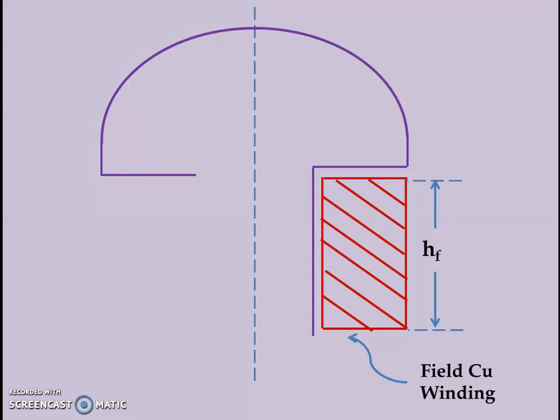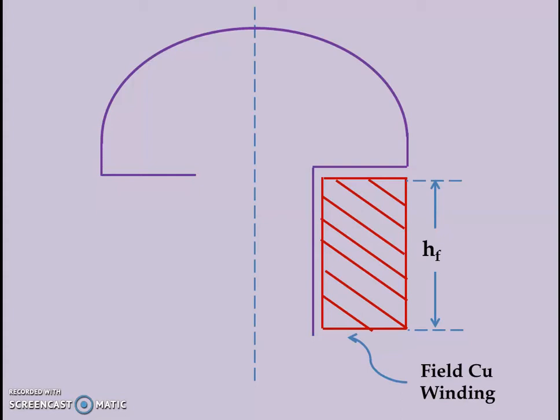As per the number of turns, if the space available is more, then we have to decrease the depth of the winding, and if the space available for the required number of turns is less, then we have to increase the depth of the winding.